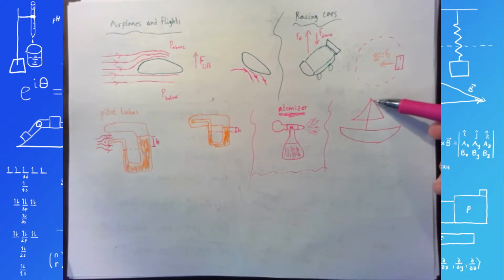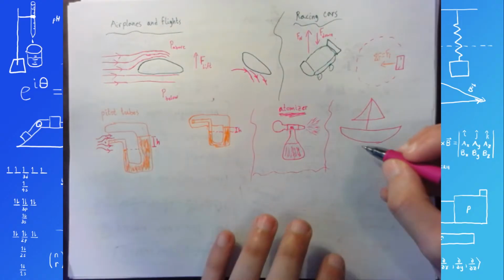Sails have a bit of a curved shape to them on one side versus the other side that tends to remain flat. That helps create a pressure difference that helps the boat riders direct the boat in whichever way they want to go.